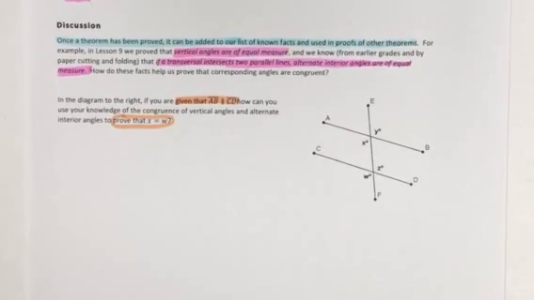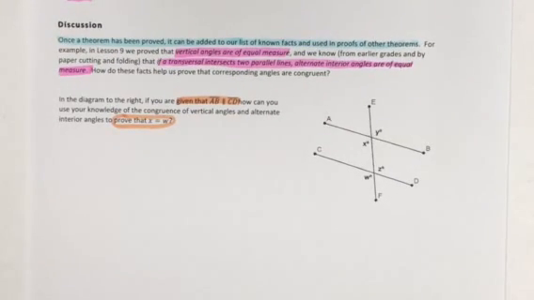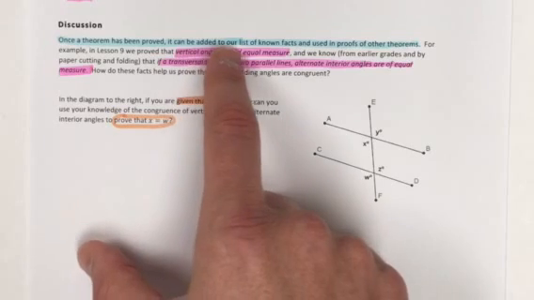What's really nice about theorems and proofs is that once a theorem has been proven, it can be added to the list of known facts used in proofs of other theorems, because theorems are statements that have been proven. For example, lesson 9, which is what we did on Monday: vertical angles are of equal measure. We can now use that regularly when we're justifying any of our statements.